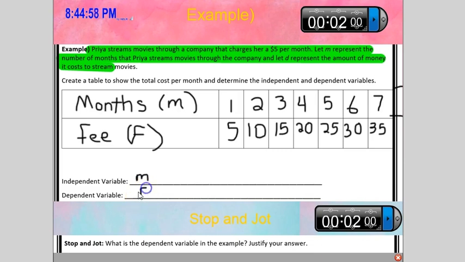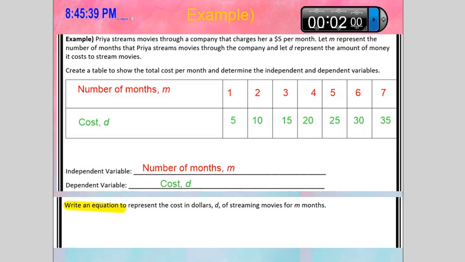So this is just another way of looking at it, and this is the way that Stapleton did it, and they did it the same as we did, except instead of putting F for fee, they chose cost D. I like mine better. We're going to rename this fee because I think it makes more sense.